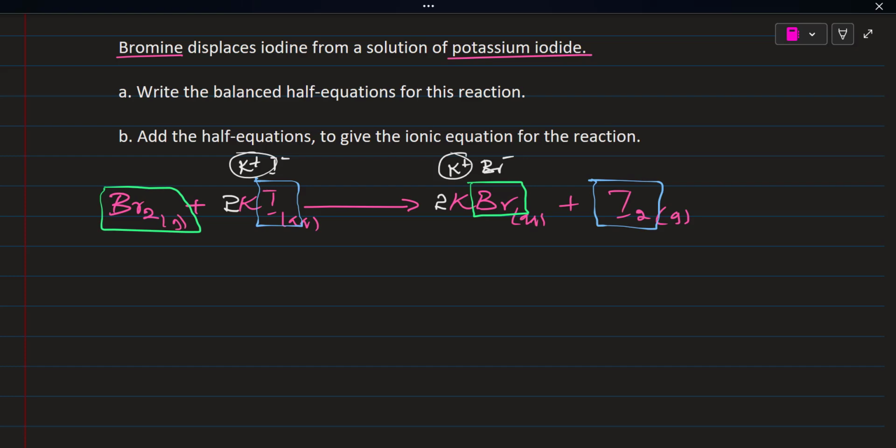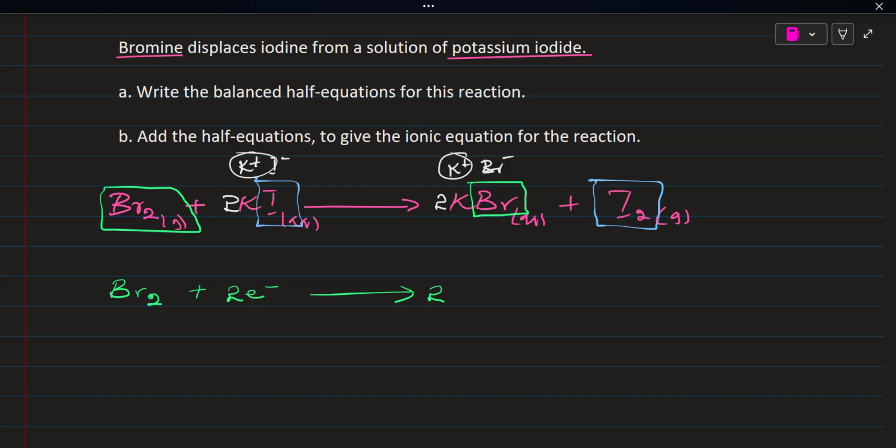So we take the part of bromine now, Br2. Br does not have any charge here, but here it has a minus. So it means it has gained electrons. So we need to write that Br2 gains 2 electrons to become Br minus.